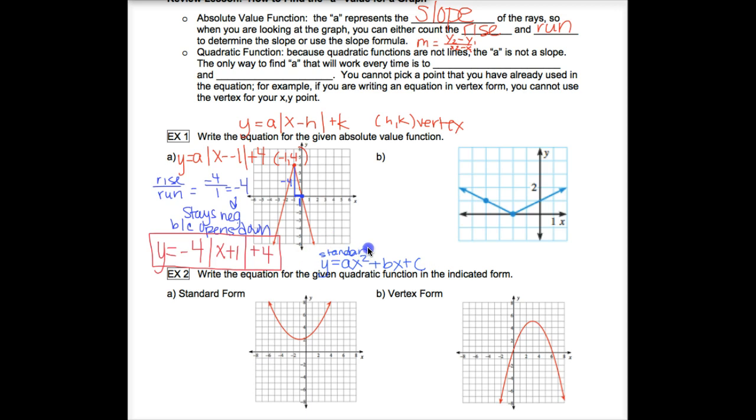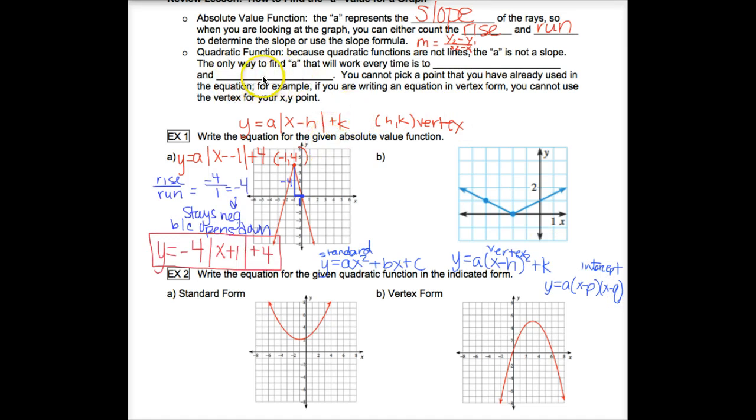We had vertex form, which is y equals a x minus h squared plus k, very similar to the absolute value. And then we had intercept form, which was y equals a x minus p times x minus q. So the a value here is not a slope because these aren't linear.